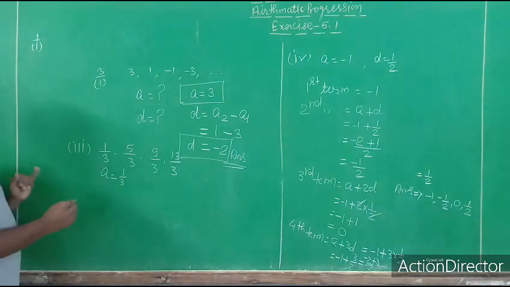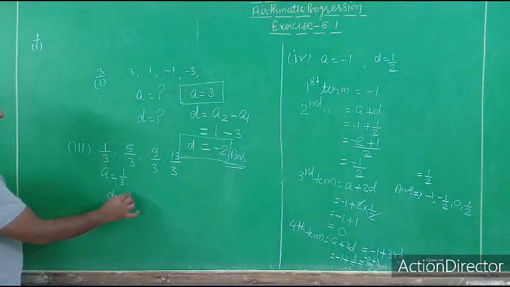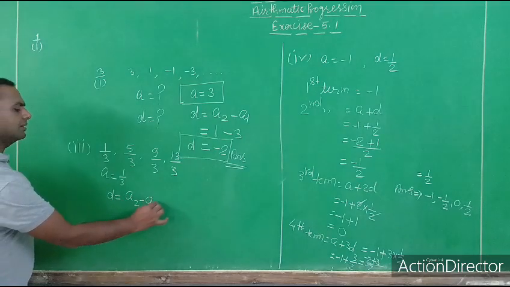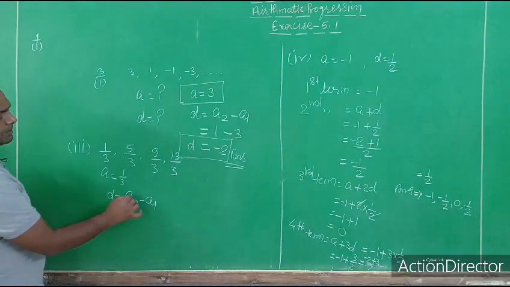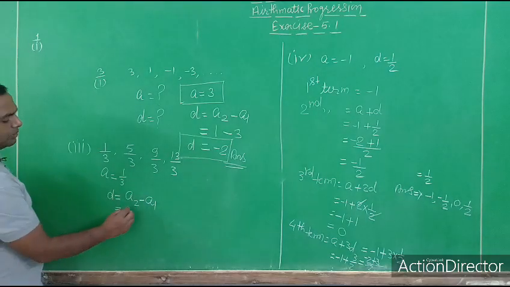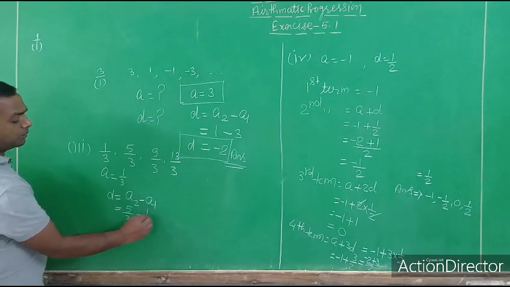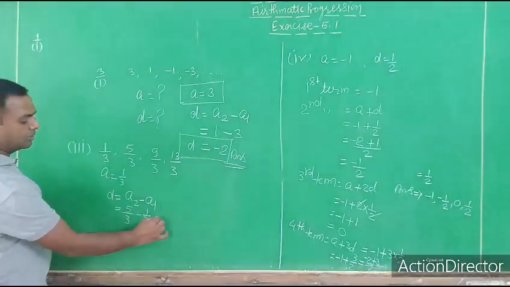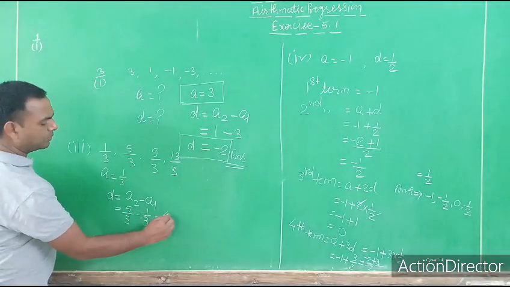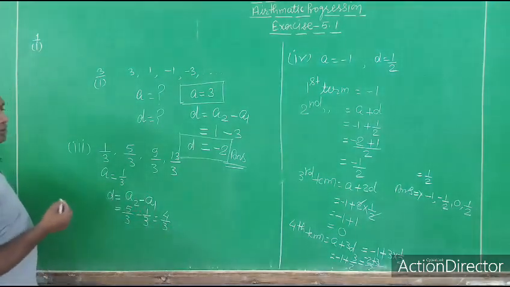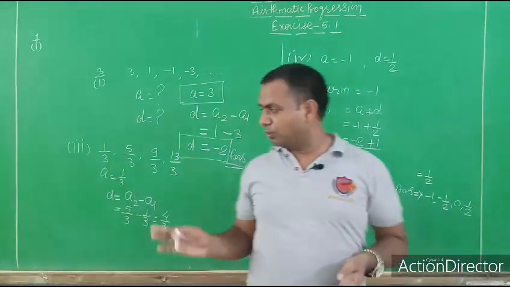And the formula of the difference, D is equal to second term minus first term, like this, A2 minus A1. So A2 minus A1 is equal to 5 by 3, the second term, minus 1 by 3, the first term. So this is equal to 5 minus 1, which is 4 by 3. So the common difference of this series is 4 by 3.